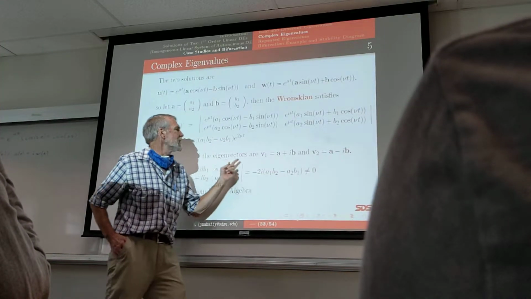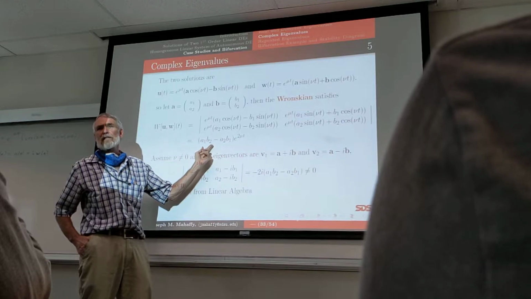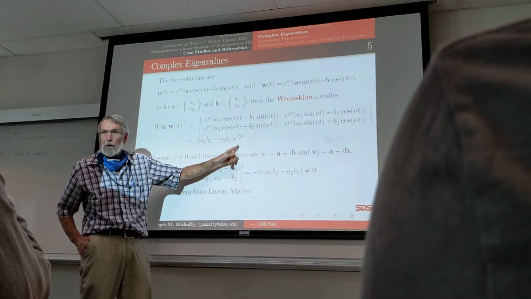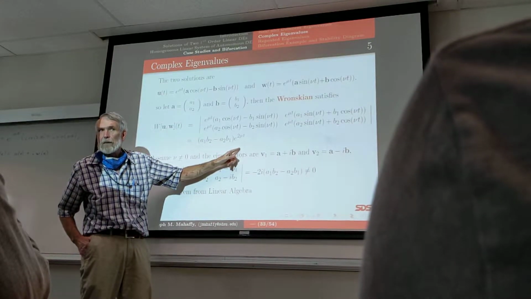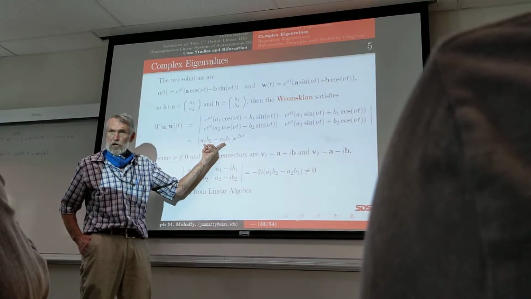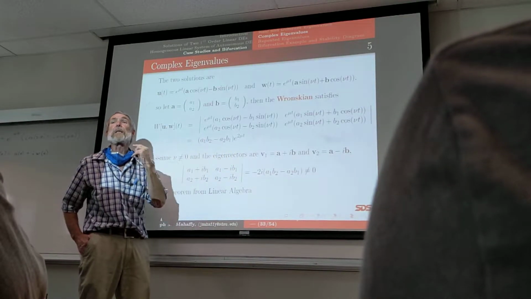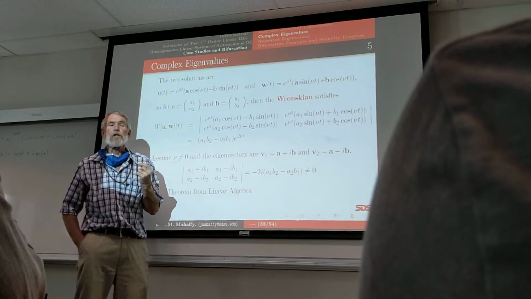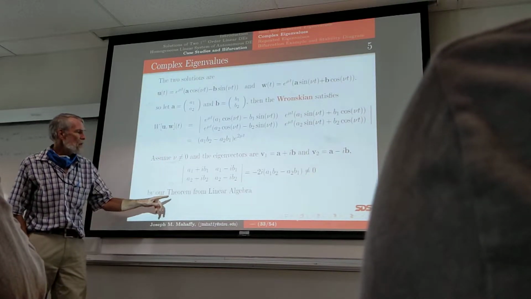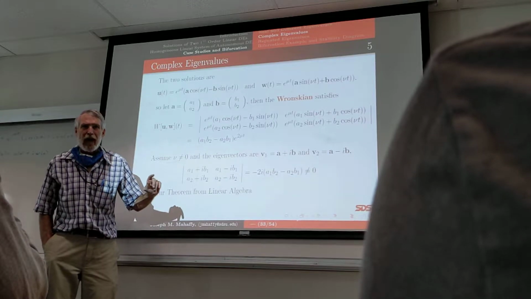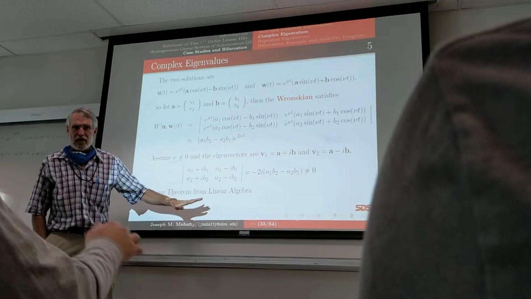Look at this quantity. It's the same thing that appeared in the Wronskian, right? The exponential is never zero, right? So that's no problem. So this one, we had to show that this was non-zero, and we have, by the linear independence of solutions from linear algebra, big theorem, which you probably have forgotten, but that's okay. We just accept it.